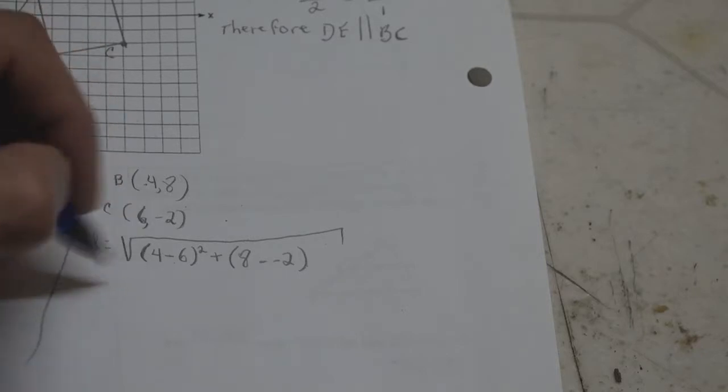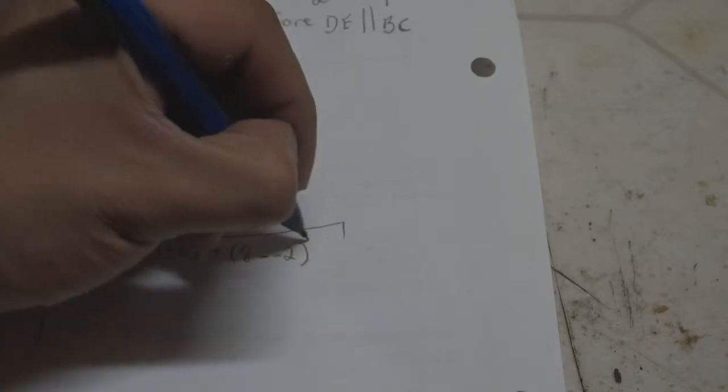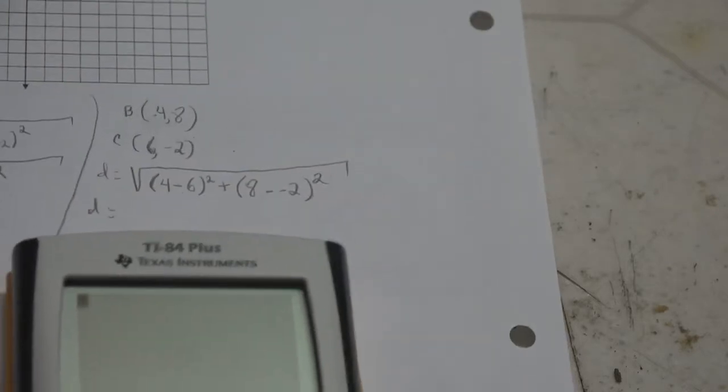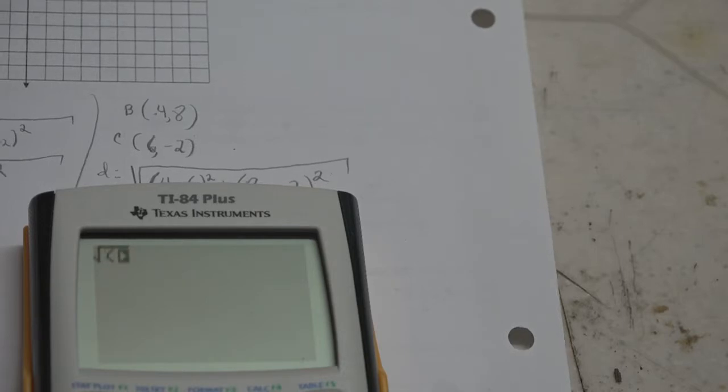Let me show you how to put this on the calculator. You take the square root, open parentheses, so that tells the calculator not to close the radical sign.